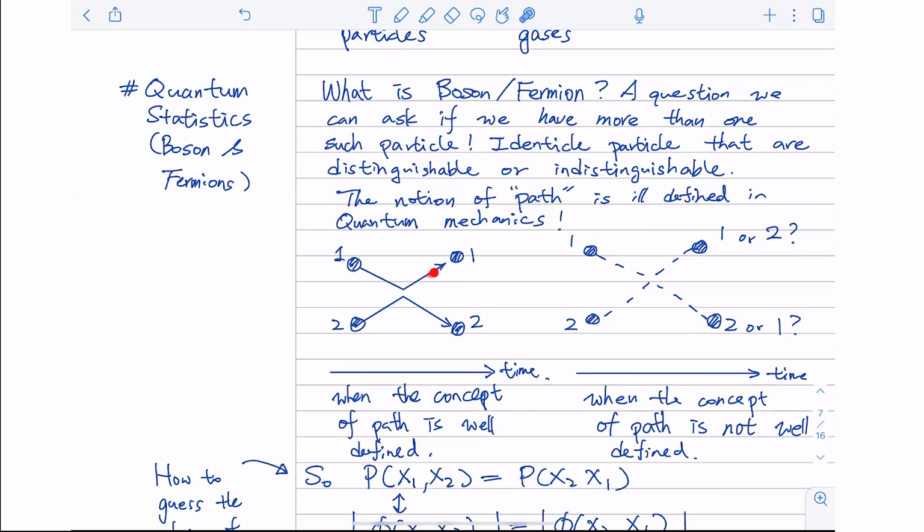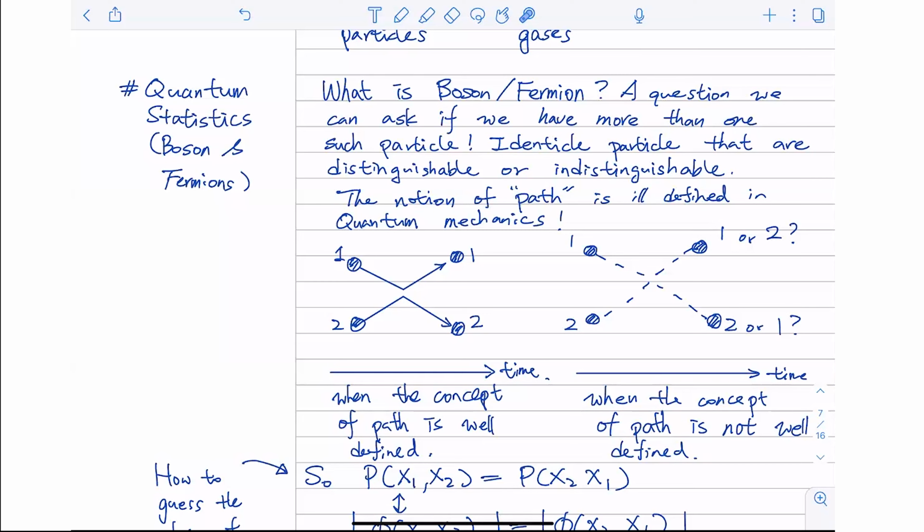The particle with this type of path, we call particle 1, and the particle with this type of path is particle 2. That's the reason why in a classical system, even though we consider identical particles, those particles are distinguishable.